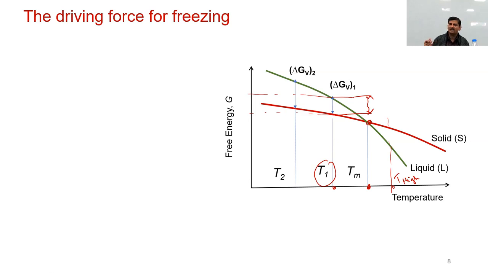And if we lower the temperature further to T2, the free energy difference delta GV2 is now greater than delta GV1. So this tells us graphically how a free energy difference develops between the parent and product phases.